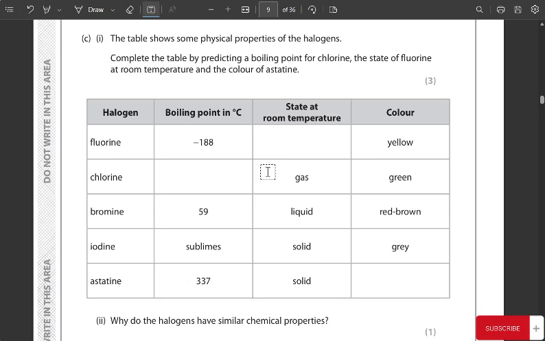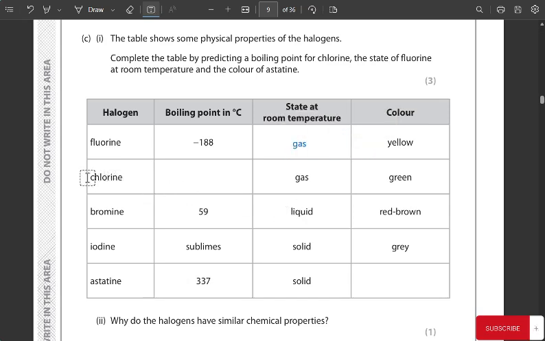The table shows some physical properties of the halogens. Complete the table by predicting a boiling point of fluorine, the state of fluorine at room temperature, and the color of astatine. We know that fluorine is the top of the halogen group, which means that it is a gas at room temperature.